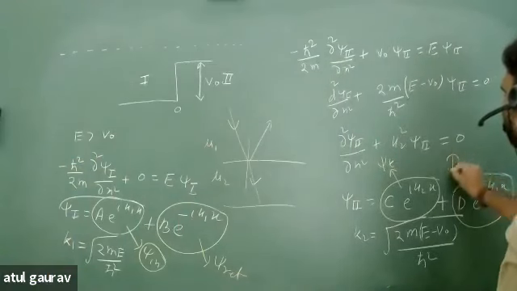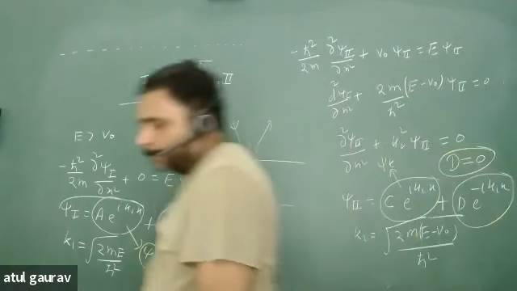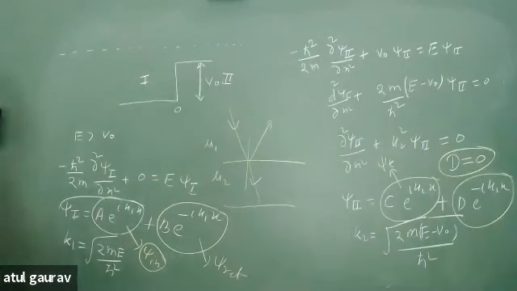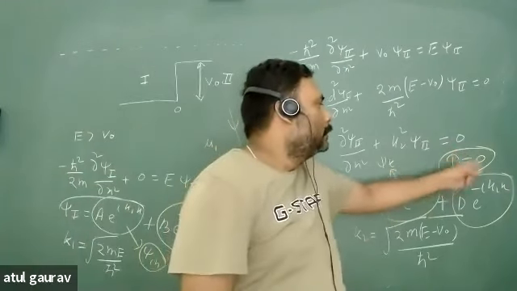What we can put is D is equal to 0. Are you getting this? Because logic must always be there, or we are not doing mathematics, we are doing physics. So from here we can conclude that D is equal to 0.